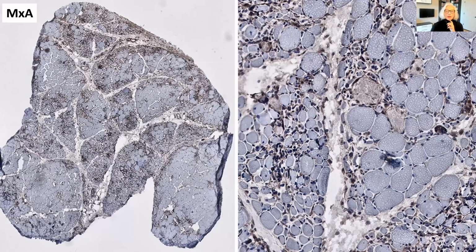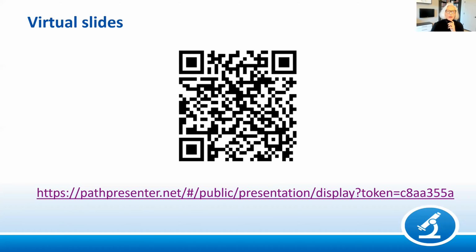And here is the MXA, which unfortunately in this setting doesn't seem to be upregulated in muscle fibers so much, which would be really helpful if it were, but mostly in the endomysial capillaries. So you have to look hard to differentiate that from the positivity in the inflammatory cells, which are basically a distractor. And with that, we're going to move to look at our virtual slides.